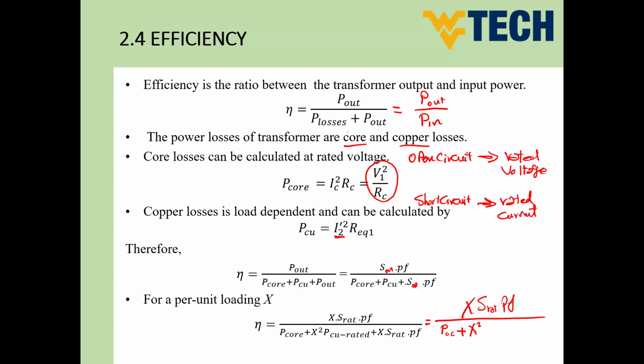So we can say X square P short circuit plus P out again, which is X times S rated times power factor. So this is another important form for the efficiency to be used based on the short circuit and open circuit test data given.